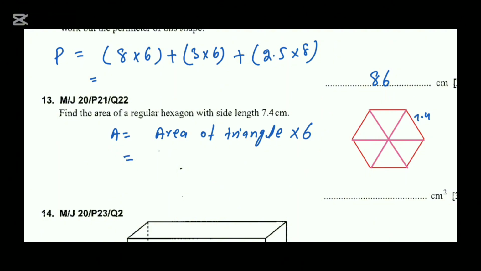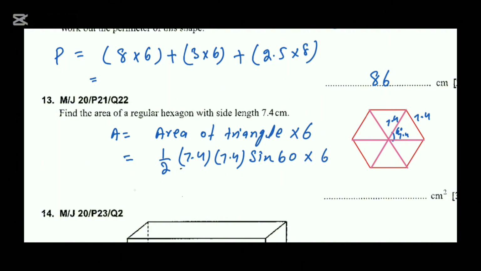So the area of one triangle is 1/2 times 7.4 times 7.4 times sine 60, because all these are equilateral triangles. Equilateral triangles means that all the sides are the same. So if one triangle is equilateral, each angle is 60, so 60 will be used.